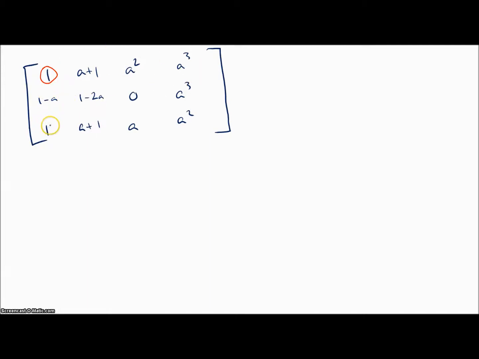So that's something like you multiply by -1 and then you add the two rows. So that's what I'm going to do in this case. I want this to be 0, and that's what I want to focus on first. So I'm going to make that 0 by taking row 3 and adding it to the negation of row 1.